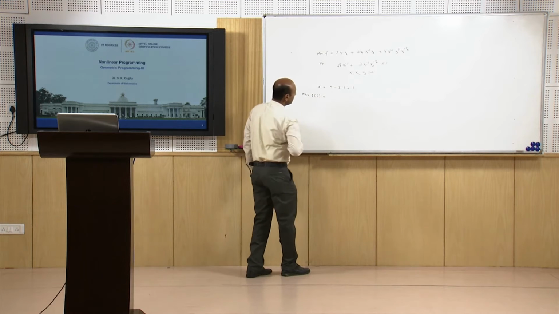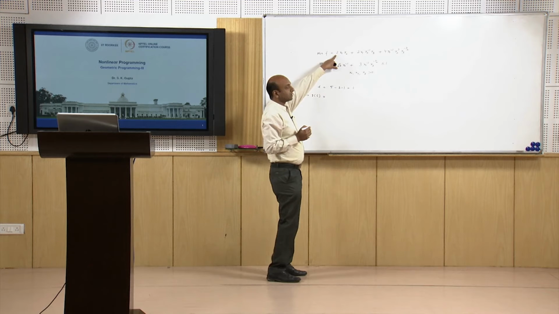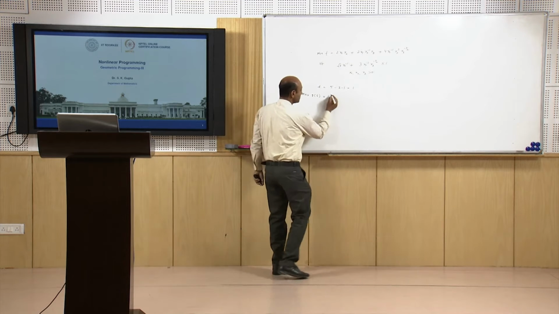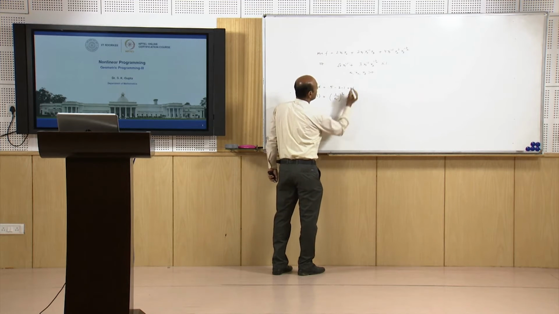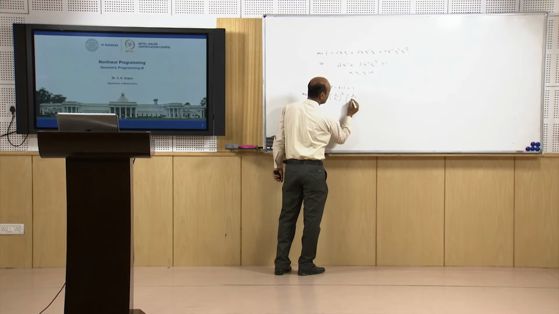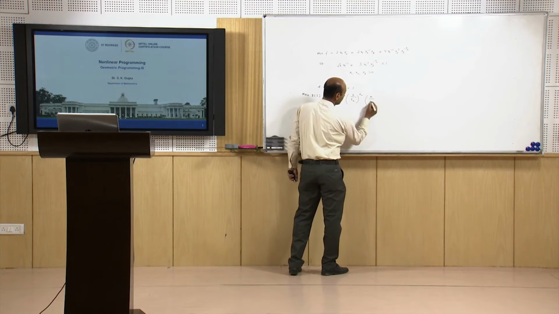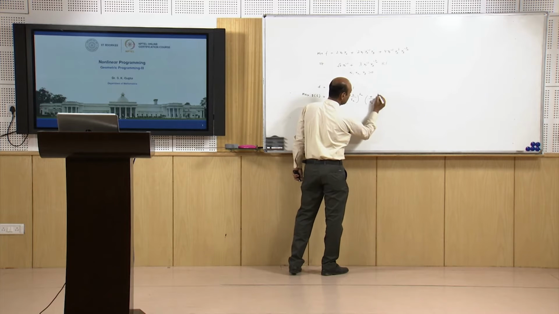Now, the first coefficient is 2, so it is 2 upon delta 1 whole raised to power delta 1. It is 2 upon delta 2 whole raised to power delta 2. The third term is 4 upon delta 3 whole raised to power delta 3.